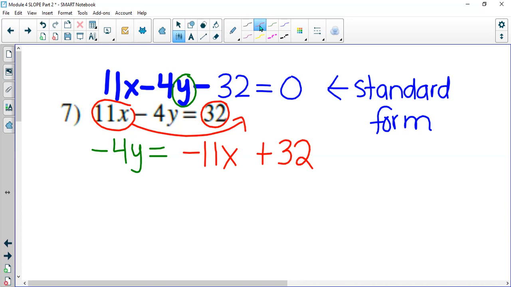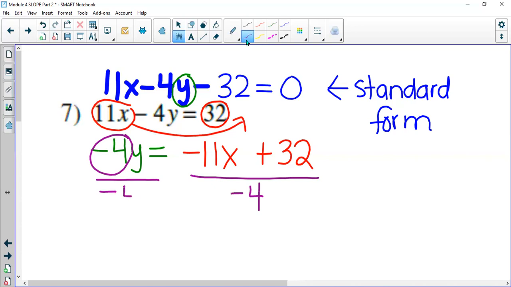Now, this is going to be a tricky situation because we have terms that are going to ensure that our final equation has a bunch of fractions in it. There is a negative 4 that's attached to the y. When I say divide both sides by negative 4, I don't want you to write it like this, because then you're going to get stuck.